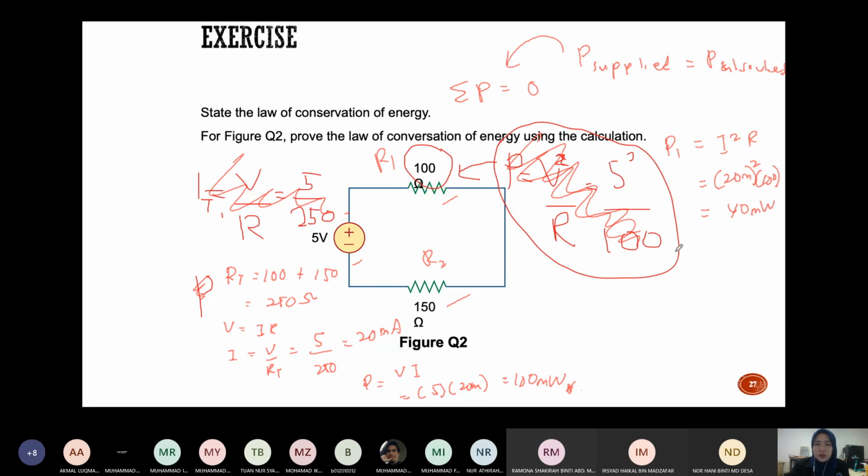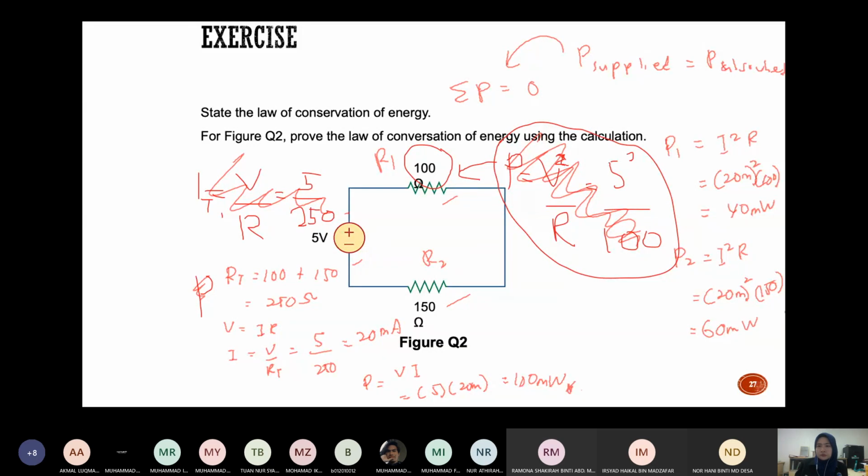Next, let's calculate P2, the power at resistor 2. I squared R: 20 milli squared multiplied by 150 gives 60 milliwatt.